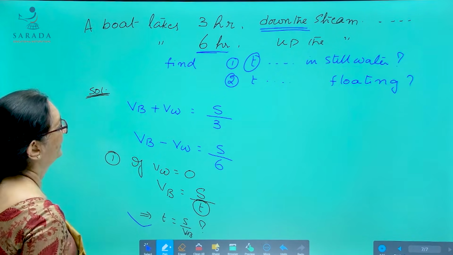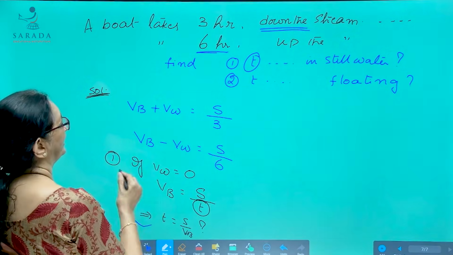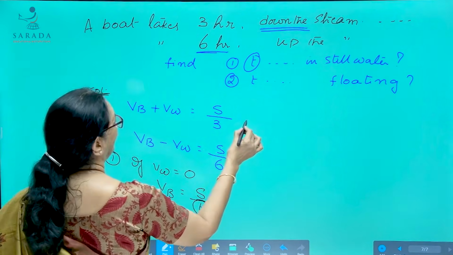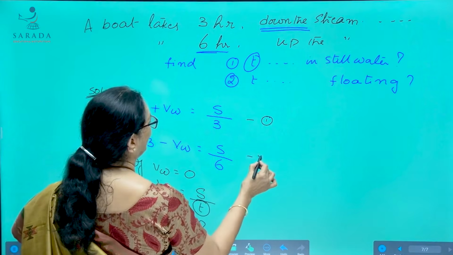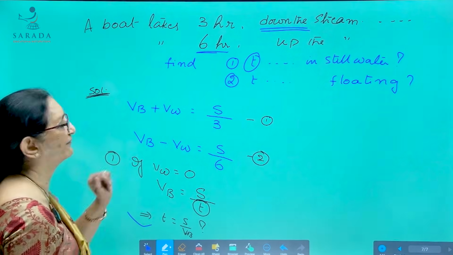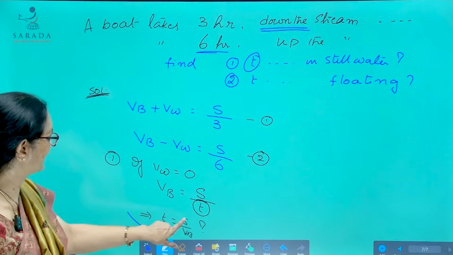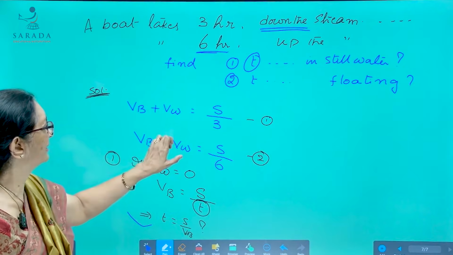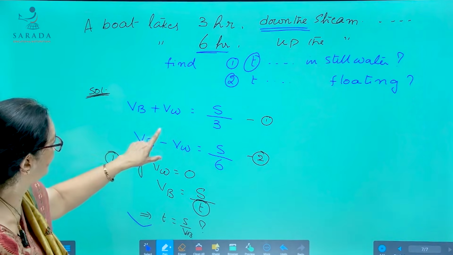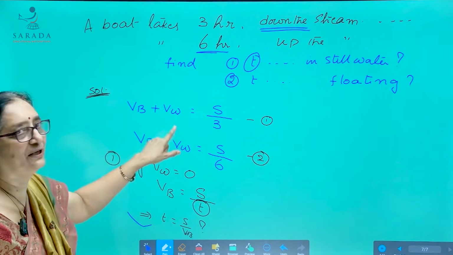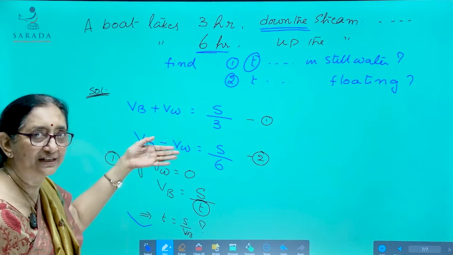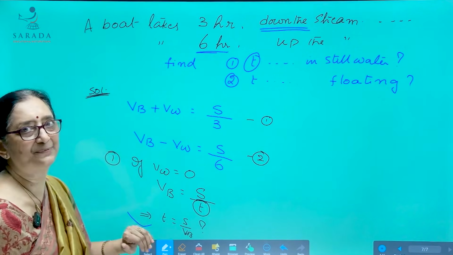From these two equations, to get VB, shall we add the two equations or subtract one from the other? S by VB we need to find, so VW has to be eliminated. To eliminate VW from these two equations, what shall we do? Shall we add or subtract?